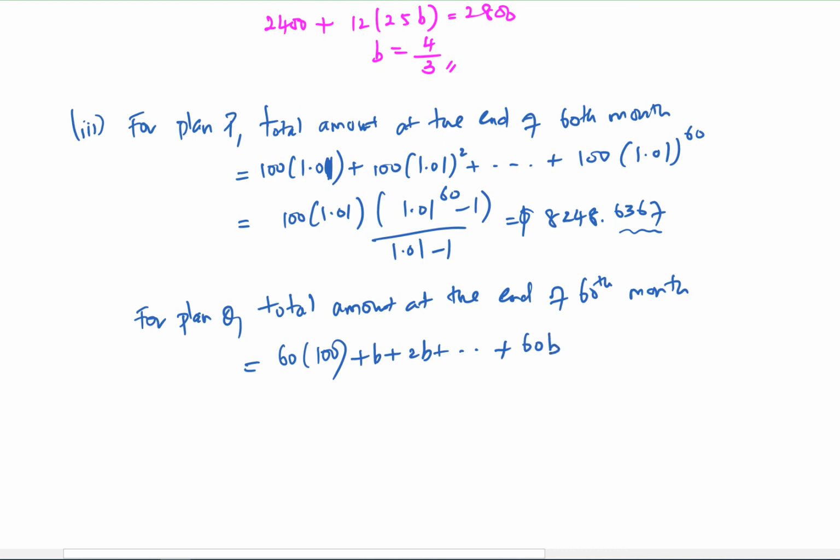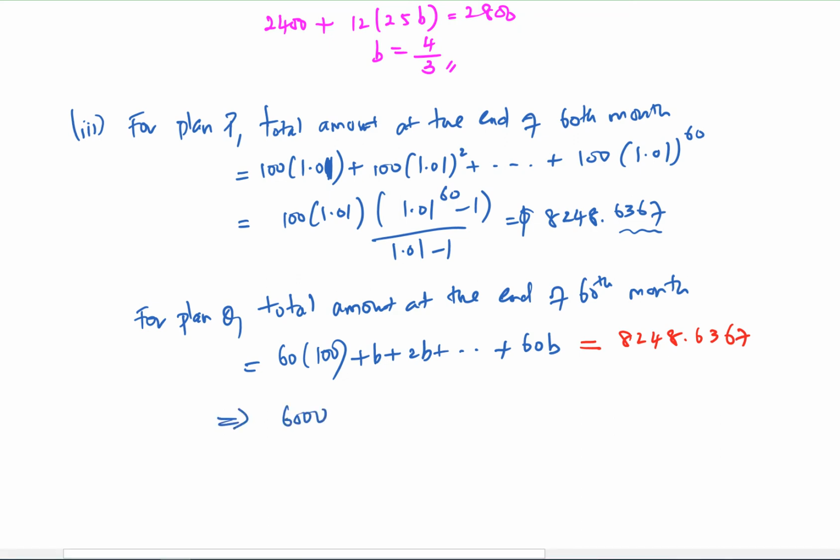I hope you all can see. We want to solve for B, for which this value is equal to 8248.6367. So sorry about it. So we have 6,000.